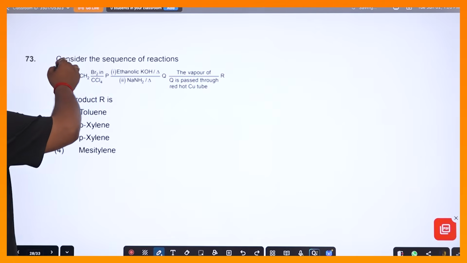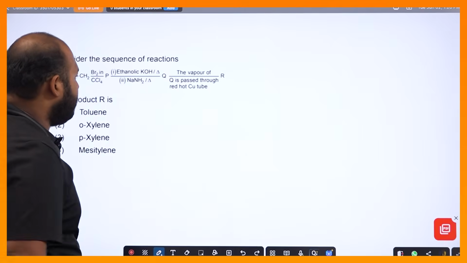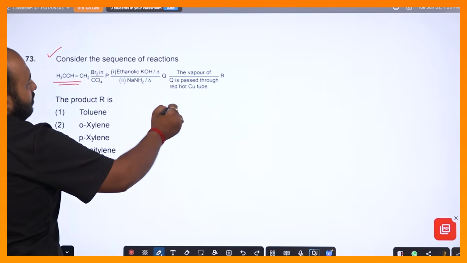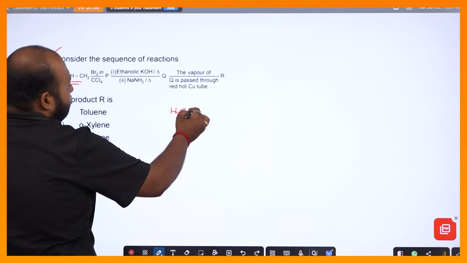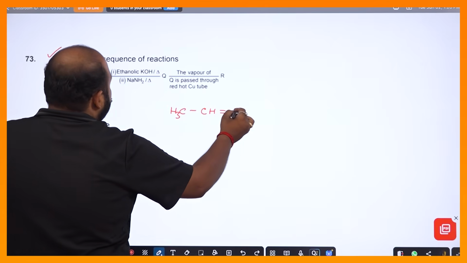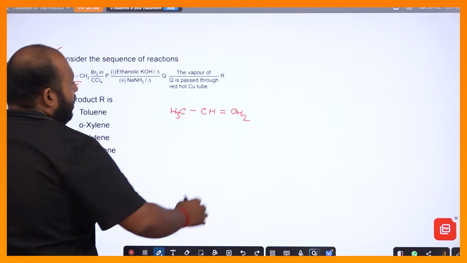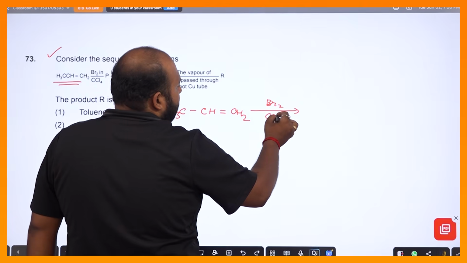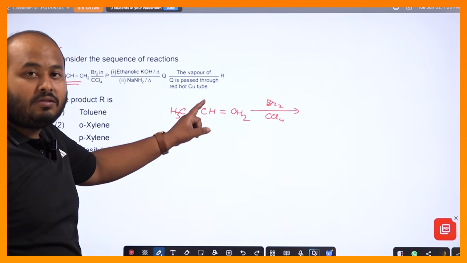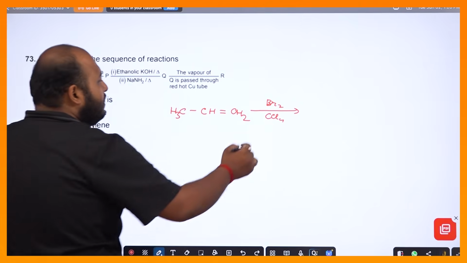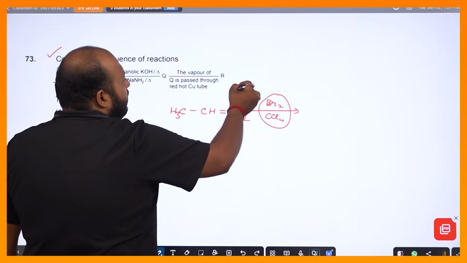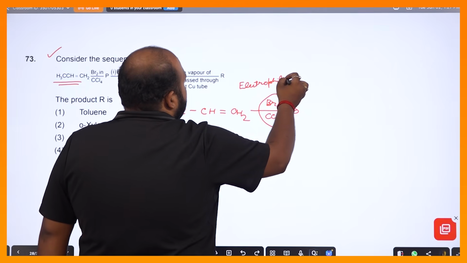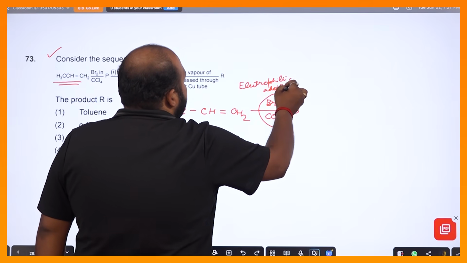Okay. Again a reaction based question. Let us solve this question. CH double bond CH2. In the first part, it has given bromine in a non-polar solvent. This reaction is an electrophilic addition reaction.